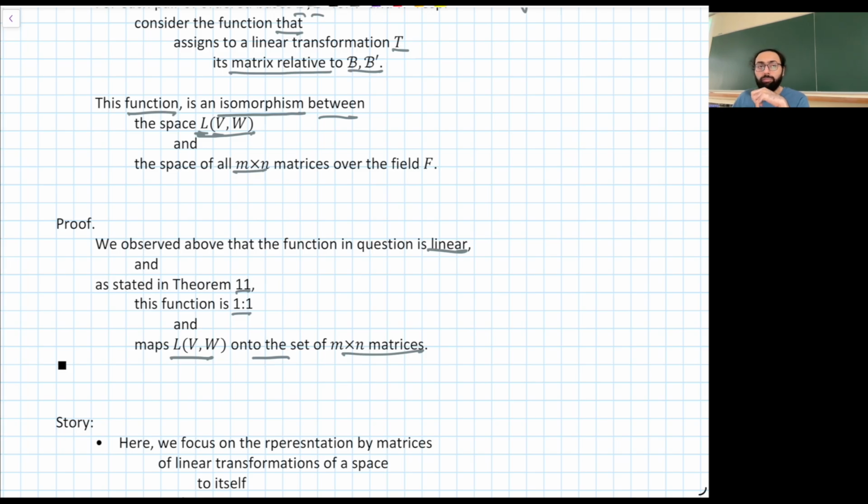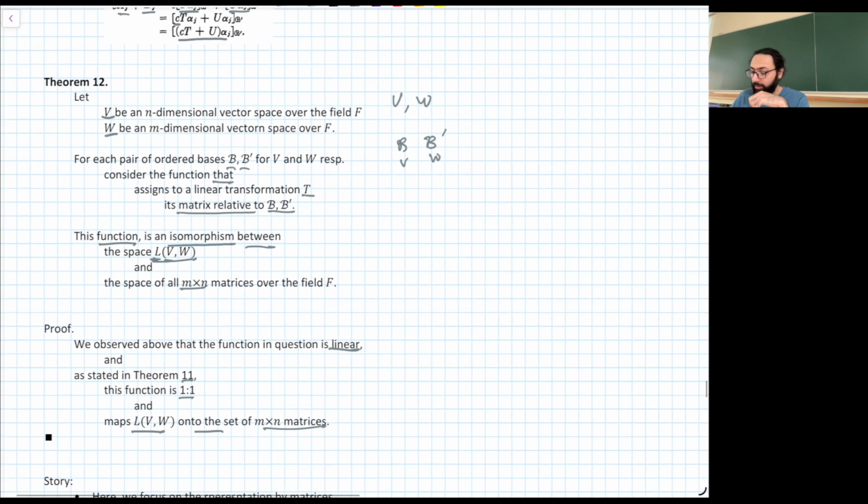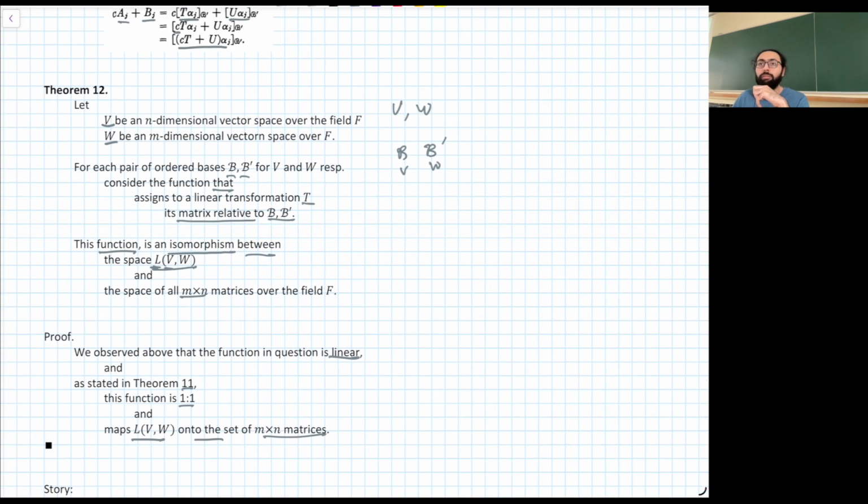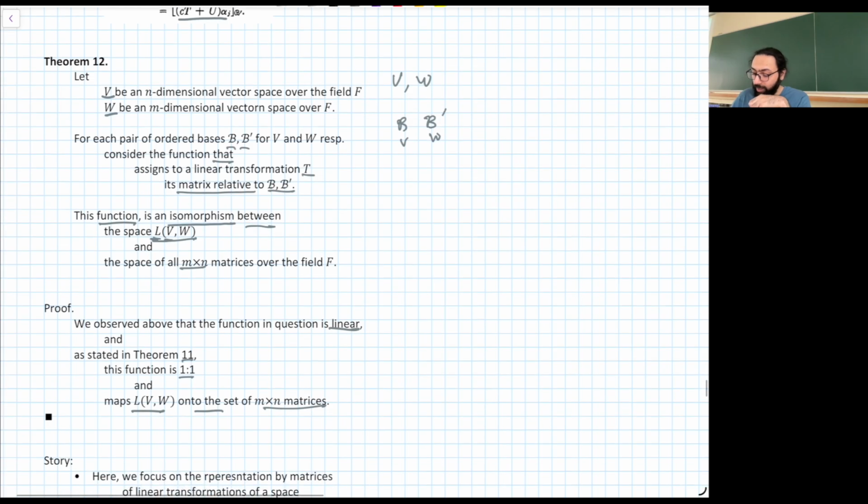Any questions? Is it okay? Or a set of linear operators from V to W. So it's just saying that there is a very strong association between linear operators from V to W and these m cross n matrices.